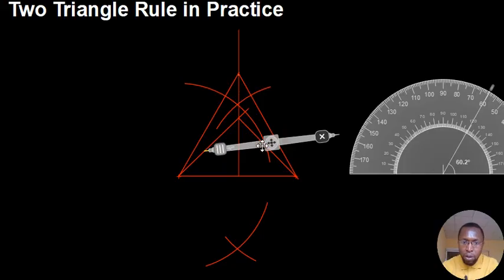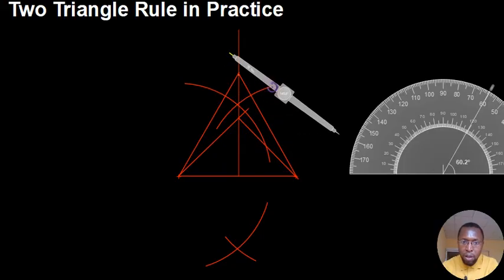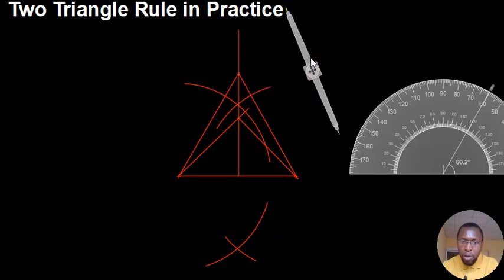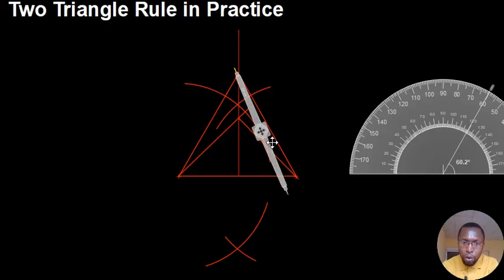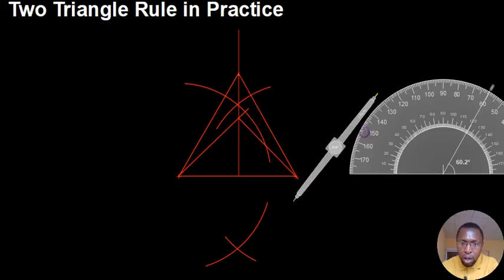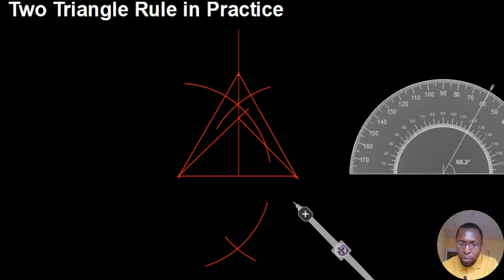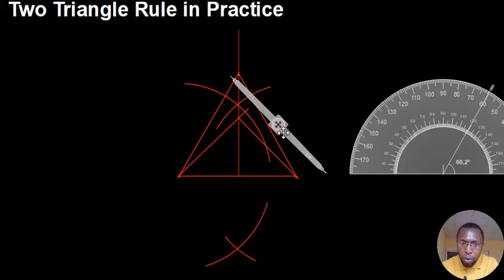So we rotate this, rotate it, and then you move. I'm measuring the distance with the distance here. You can see that it's already more than, so that's the radius.